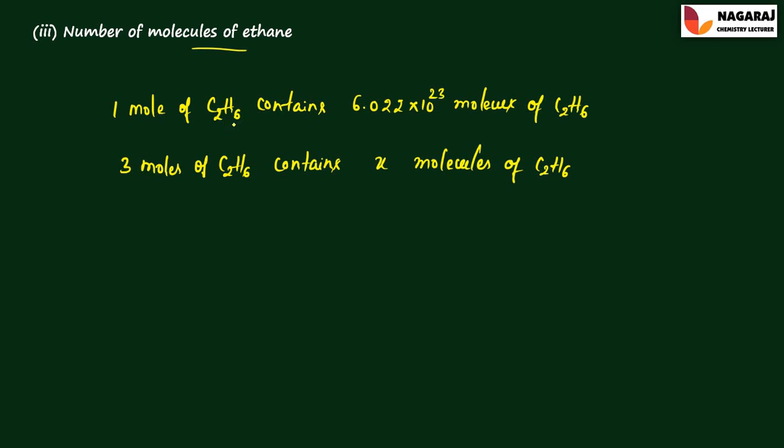So writing of this standard statement is very important, right? So 1 mole of ethane contains the Avogadro number, or 6.022 into 10 to the power 23 molecules of ethane. So in the problem they have asked to calculate the number of molecules of ethane in 3 moles of ethane.